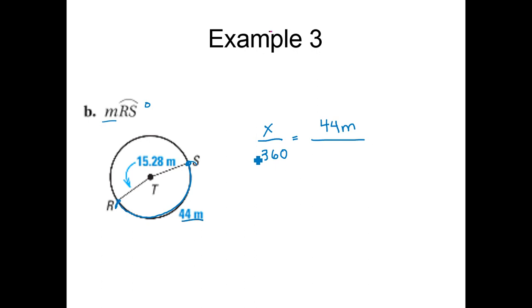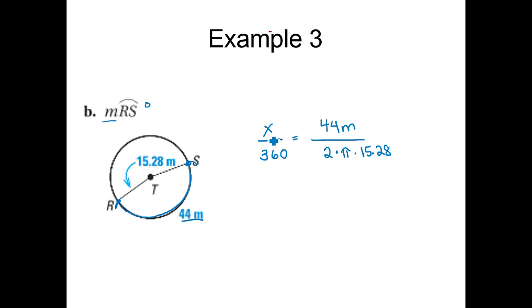Okay, and we know that the radius is 15.28 meters. So we know circumference is 2 times pi times 15.28. All right, so now we're going to go ahead and cross multiply. So we have x over 360 is equal to 44 over 2 times pi times 15.28.